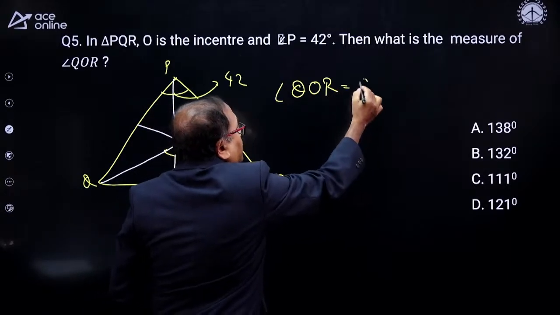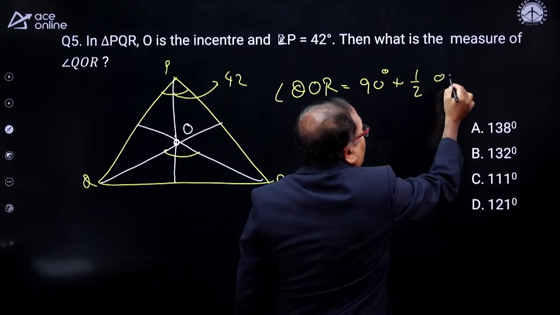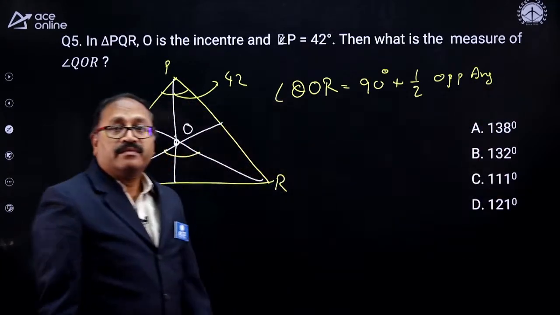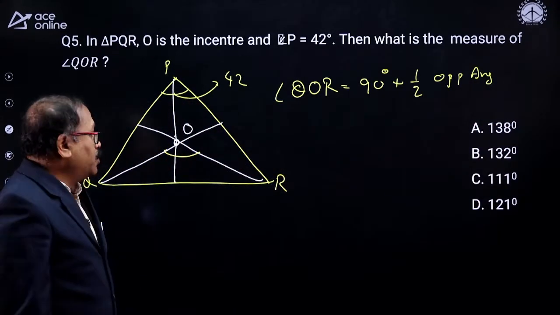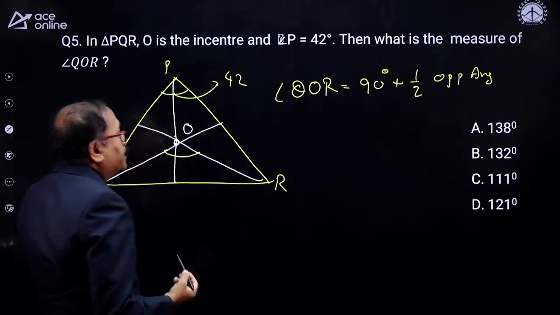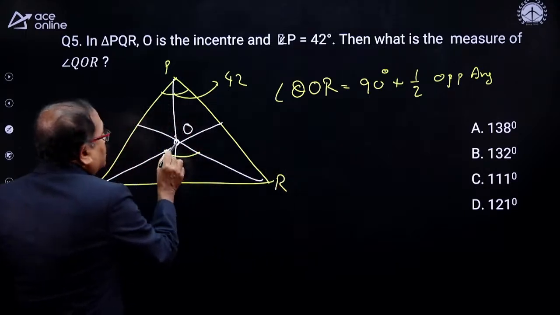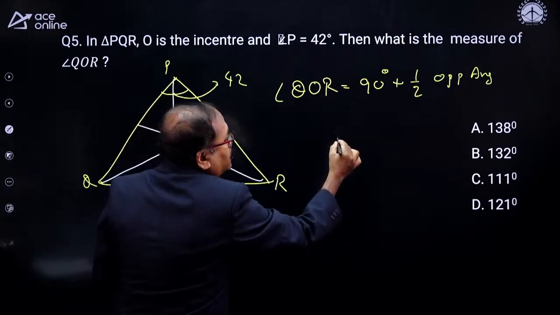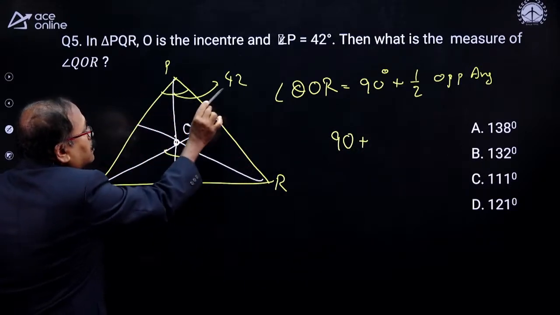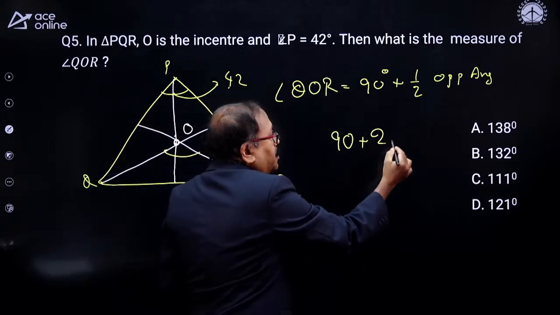Angle QOP will be 90 degrees plus half of the opposite angle. That's all. If you remember this formula, then angle QOP is how much? That is 90 degrees plus half of the opposite angle, that is half of 42, which is 21.